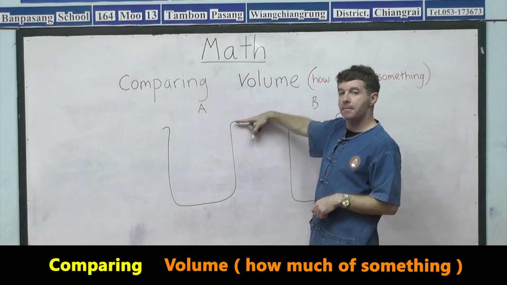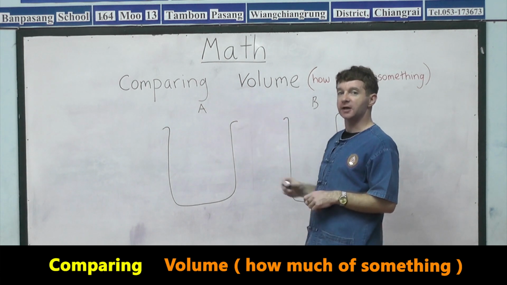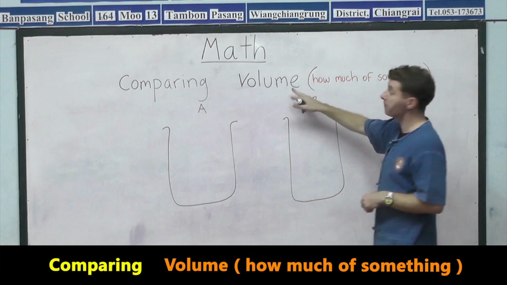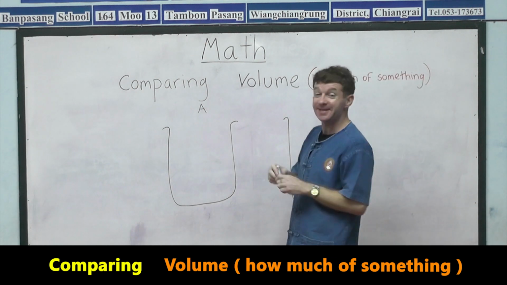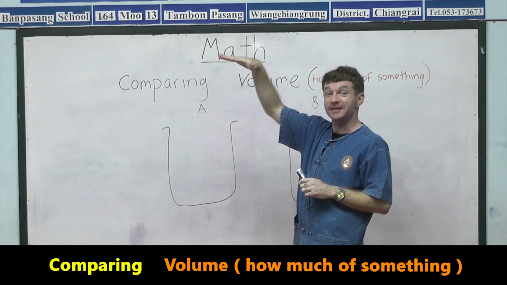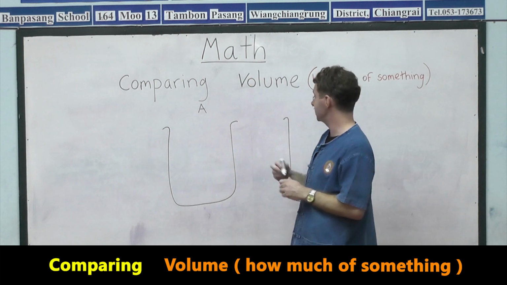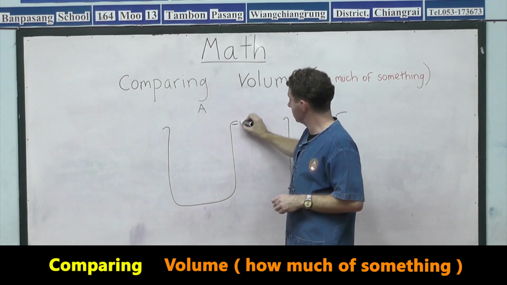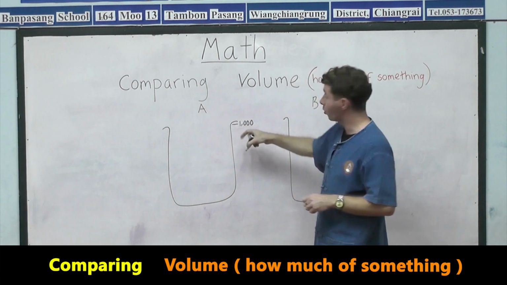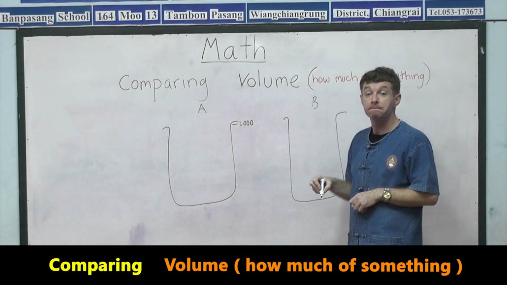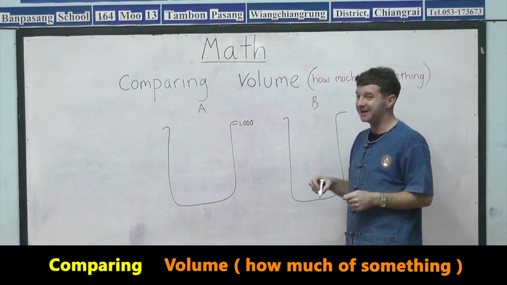Does anybody remember when we're at the top of the container, what's that called? Not volume. Capacity. I almost said it. At the top of the container is the capacity. So we will say the capacity of each container is 1,000 milliliters.